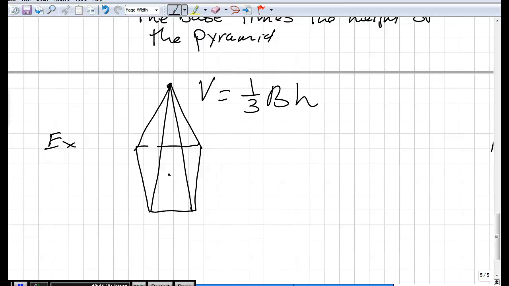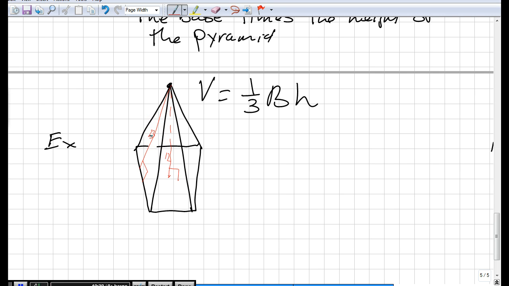And the altitude is 12, and the slant height is 13.